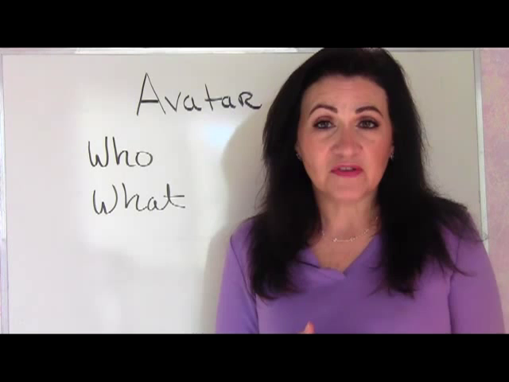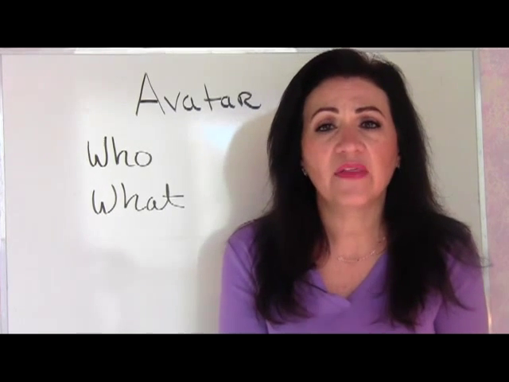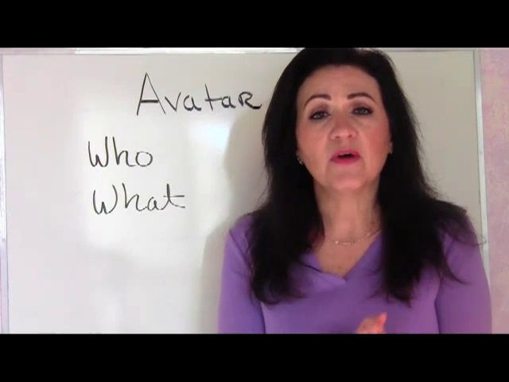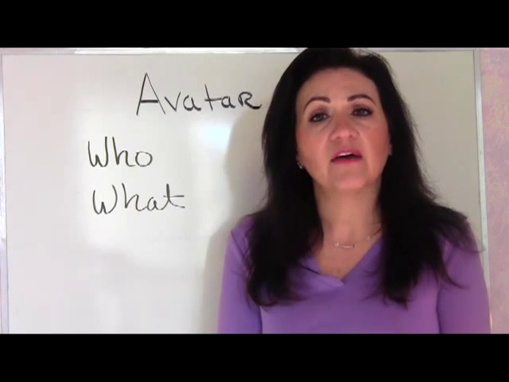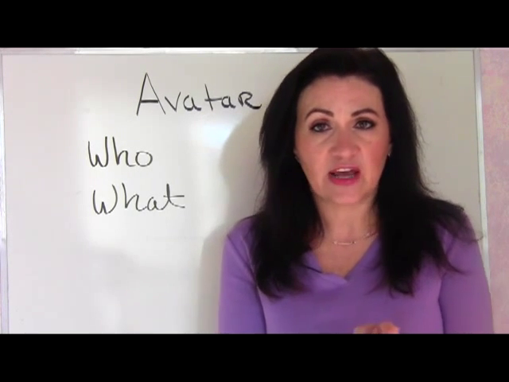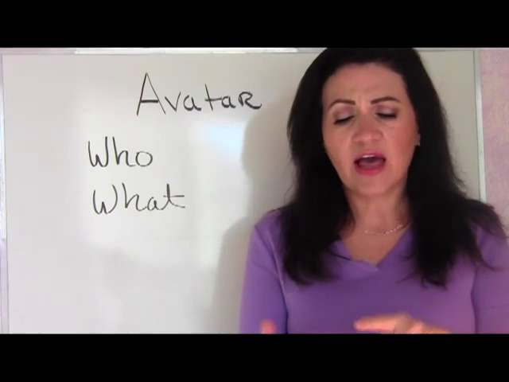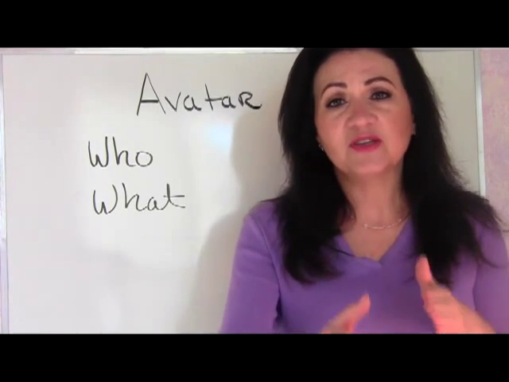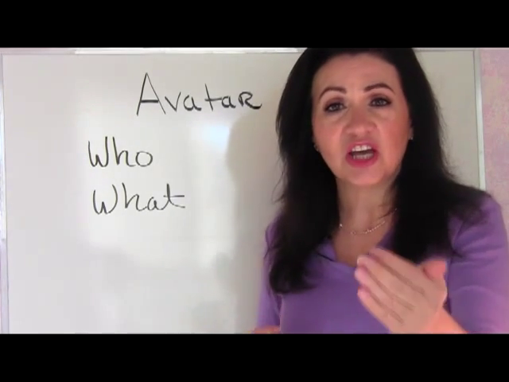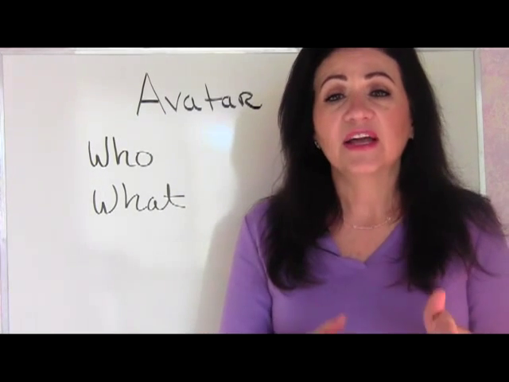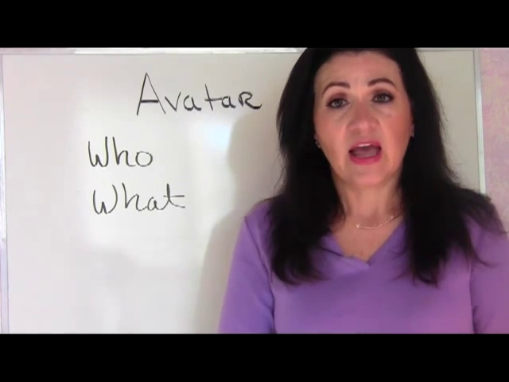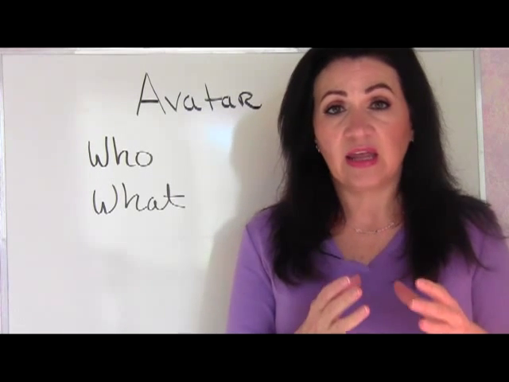So you may have thought of some of these ideas, but what other ideas? For some of my businesses, I may have 3 or 4 different avatars, and each one I'll have a name for them. There may be Susie or Jenny or Jim or Mike, but give them a name. And I like to find an image.